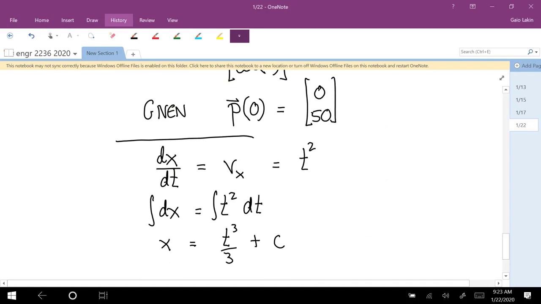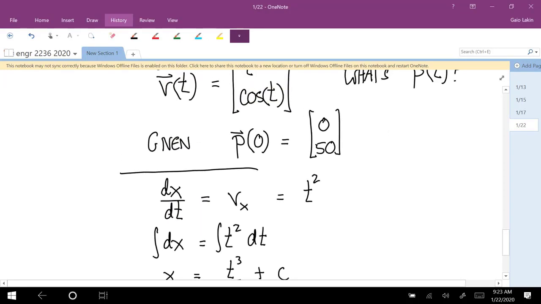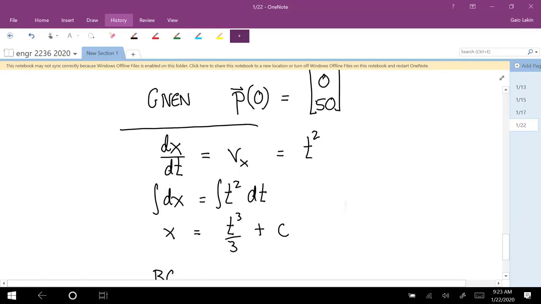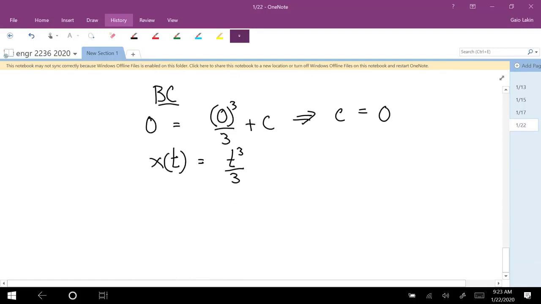Okay, so now the y equation says dy dt is equal to cosine of t. So dy dt, which is just another way of writing the y component of the velocity, is equal to cosine of t.